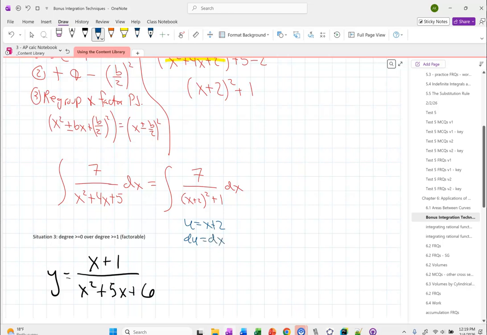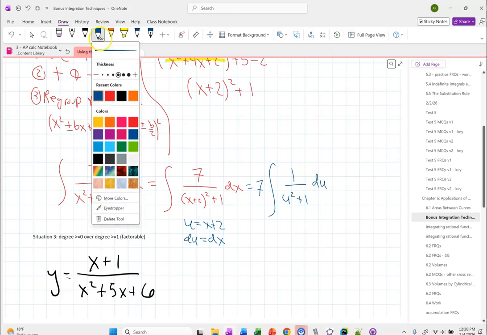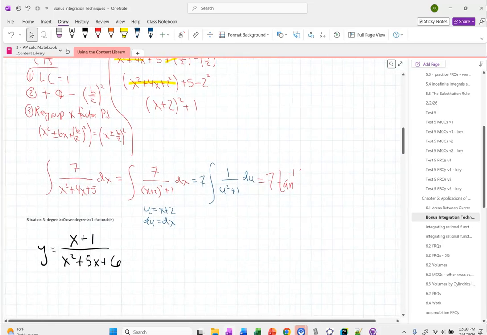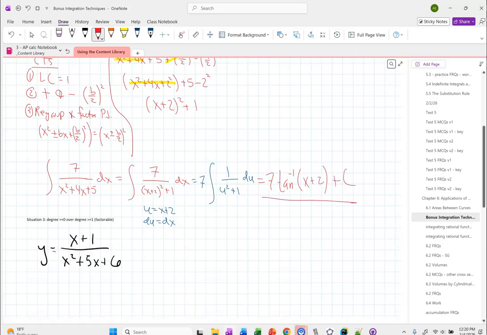So du is just going to be dx. And what is the antiderivative of 1 over u squared plus 1? Tan inverse. And we'll just plug our u back in, which was x plus 2, and we're done.